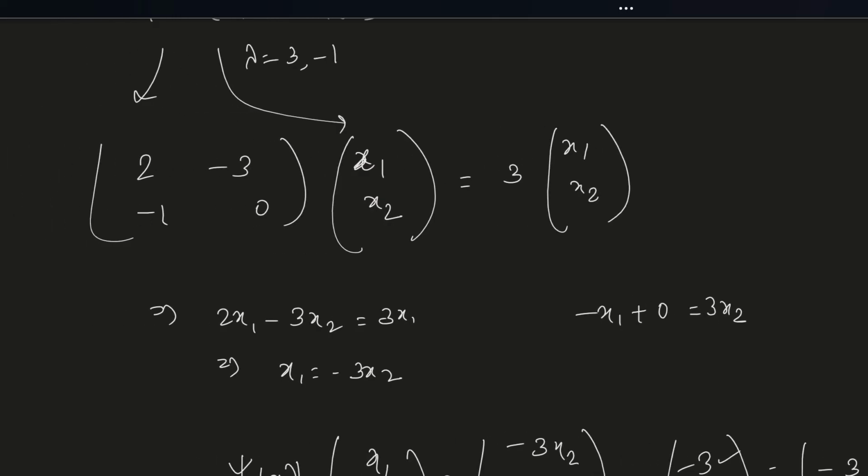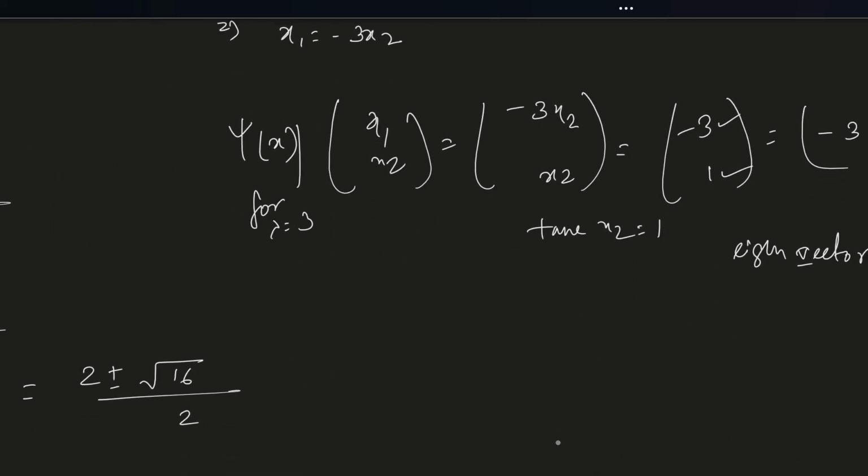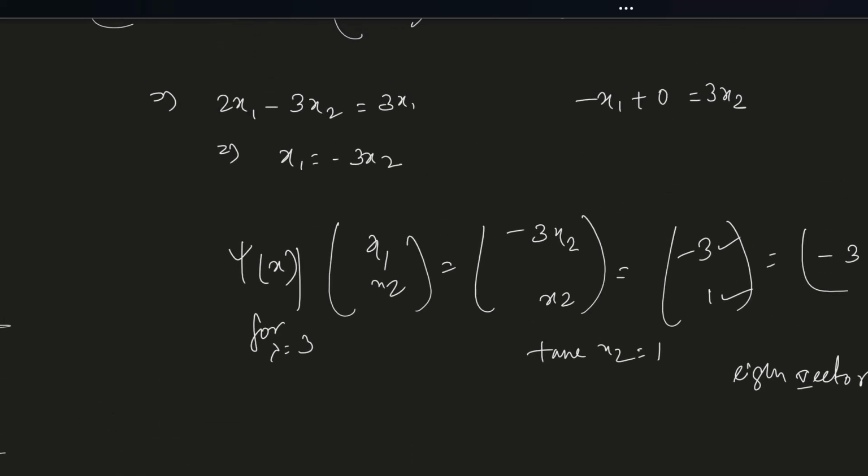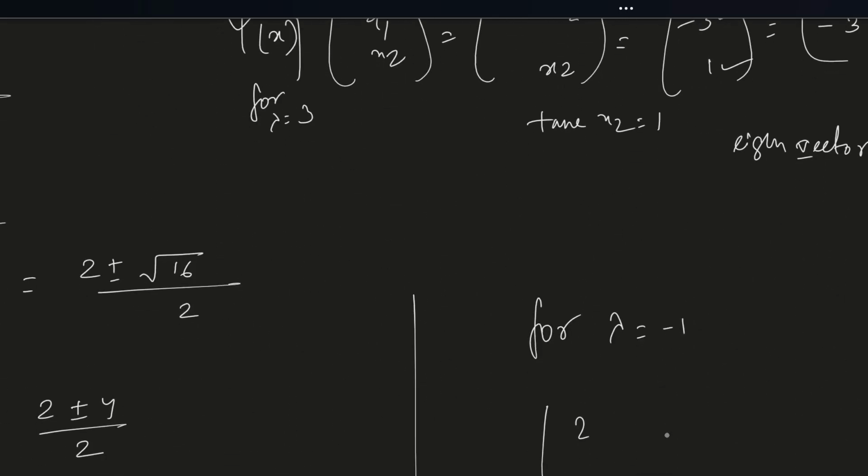The other answer would be: what is the eigenvector for lambda equal to minus 1? So this is basically the matrix 2, minus 3, minus 1, 0, acting on x1, x2, equal to minus 1 times x1, x2. What you get is 2x1 minus 3x2 equal to minus x1, and minus x1 plus 0 is equal to minus x2.